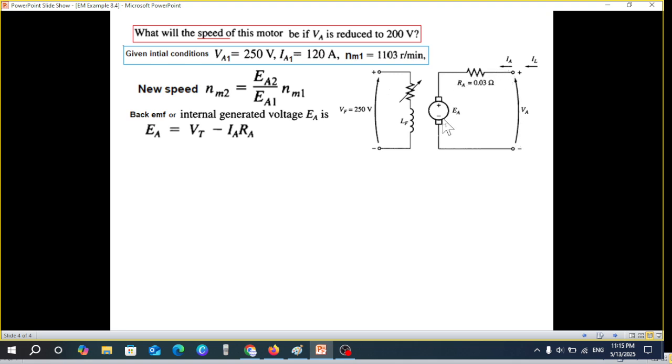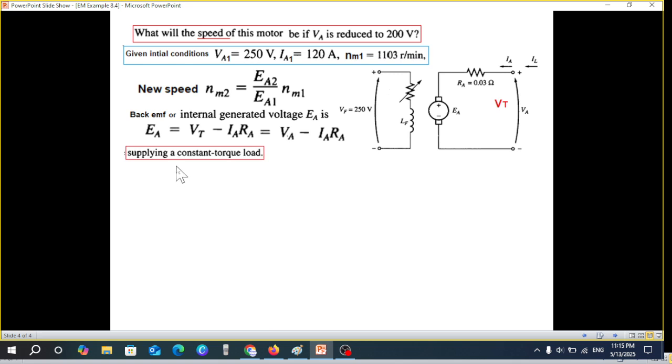Since this is voltage, this will be higher. So this minus the drop will give the generated voltage or the induced voltage. For two cases now, this is also called VT, terminal voltage, or VA. So we will follow this, that it is VA minus IARA.